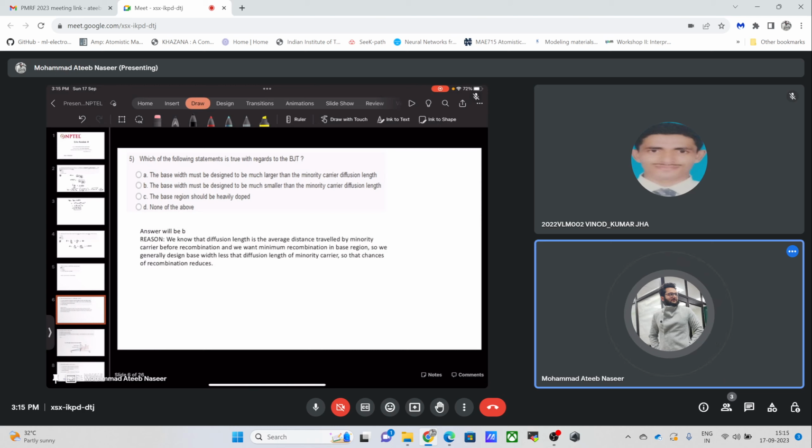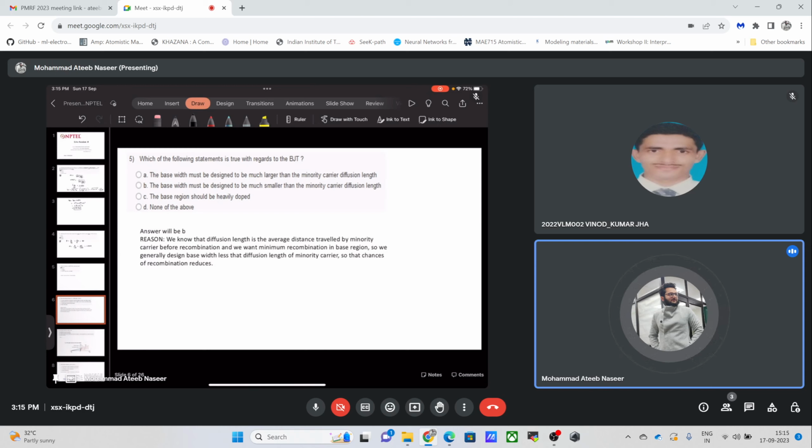as a result of which we will have less amount of carriers being pumped from the emitter to the collector side. So in order to have more carriers transmitted from the emitter to the collector, we need the base width to be smaller than the minority carrier diffusion length.